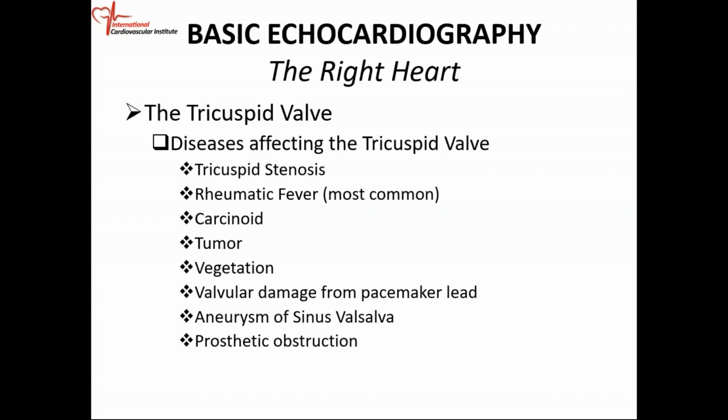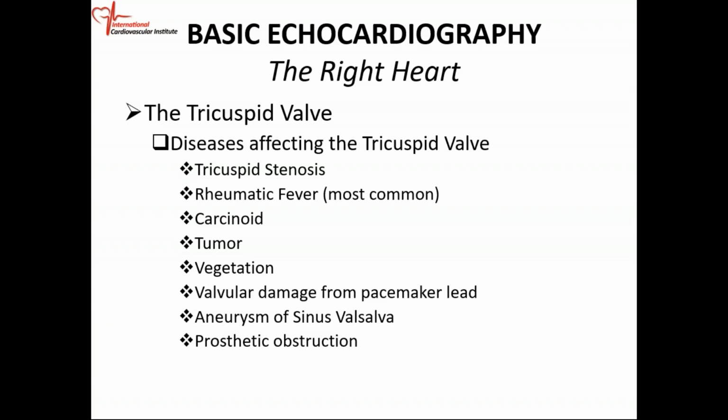Carcinoid is a big one. They love to bring that up in tests. Carcinoid is usually a gastrointestinal tumor which secretes carcinoid material, and it produces a wax-like deposit in the right side of the heart.